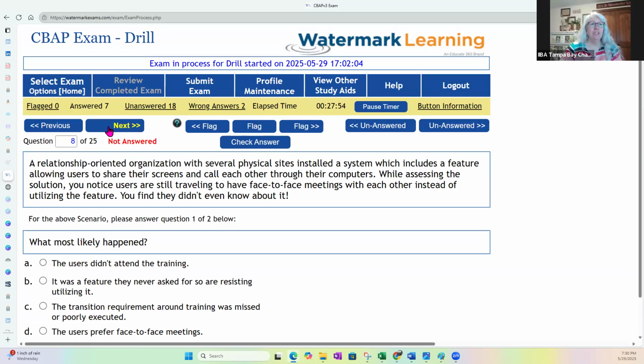Okay. Question 8. A relationship-oriented organization with several physical sites installed a system which includes a feature allowing users to share their screens and call each other through their computers. While assessing the solution, you notice users are still traveling to have face-to-face meetings with each other instead of utilizing this feature. You find they don't even know about it.